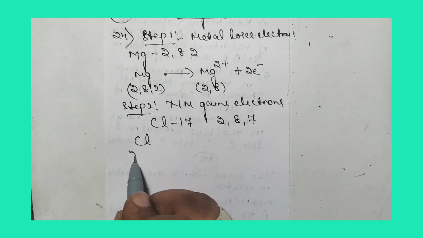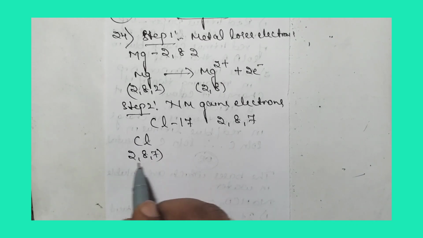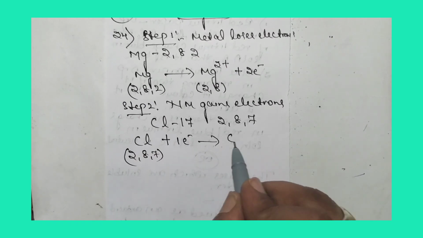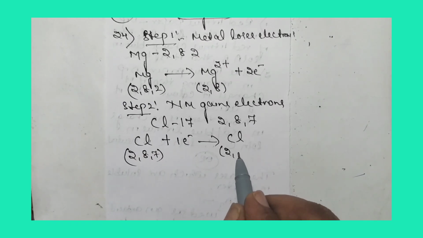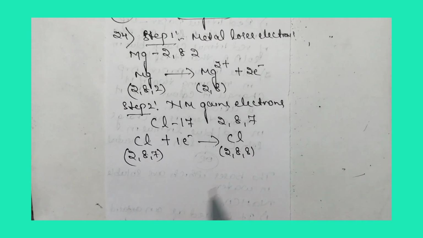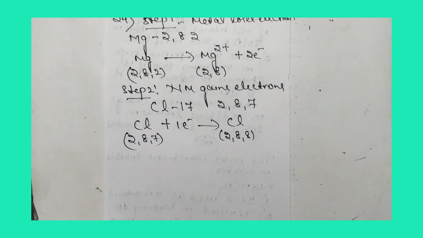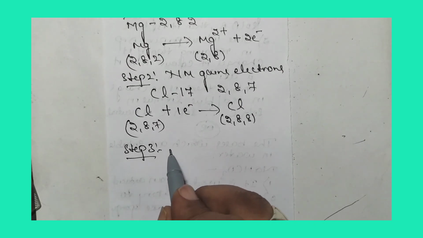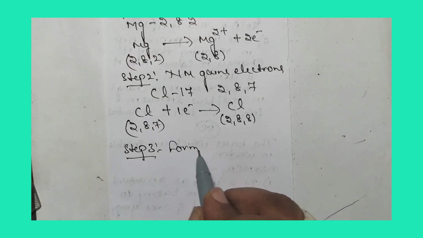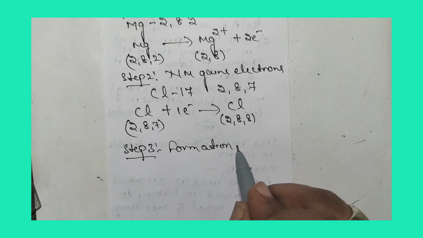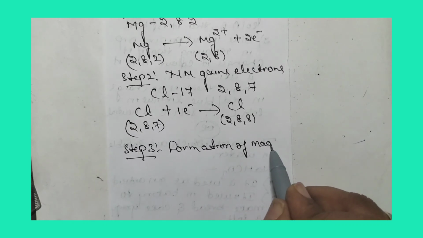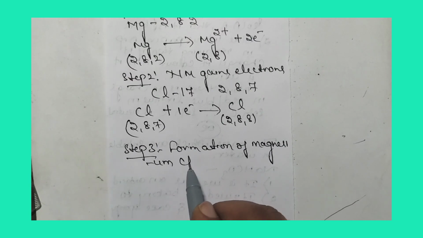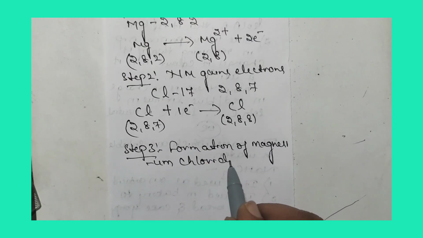Cl 2, 8, 7, by gaining 1 electron, becomes chloride ion 2, 8, 8. Now let us move to step number 3, which is the formation of magnesium chloride.